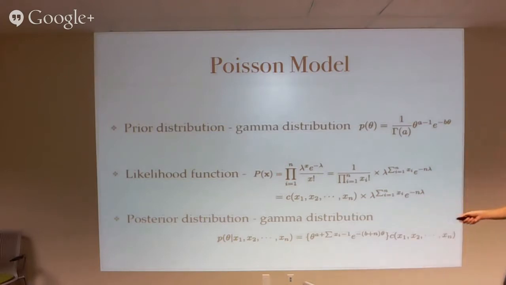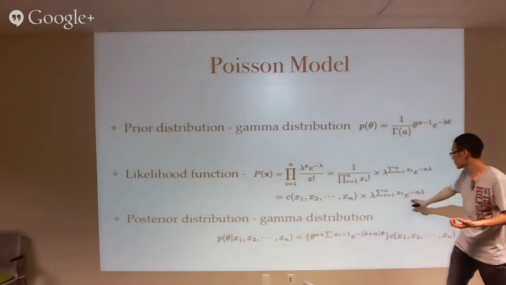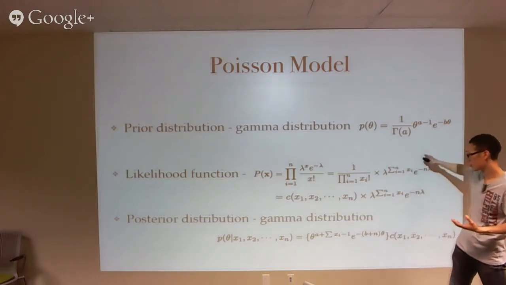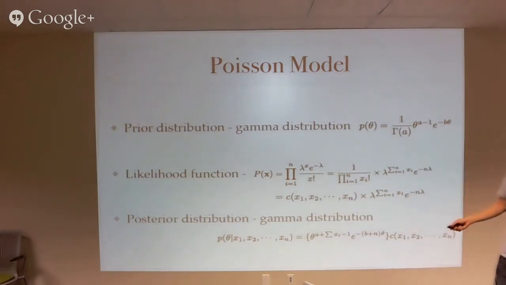Then the posterior distribution is still a gamma distribution, because they have the same structure. So we can write this posterior distribution as theta to the power of a plus sigma xi minus 1, times e to the negative b plus n times theta. So this is the posterior, a gamma distribution, for the Poisson model.